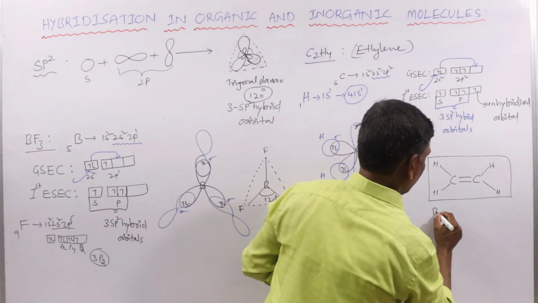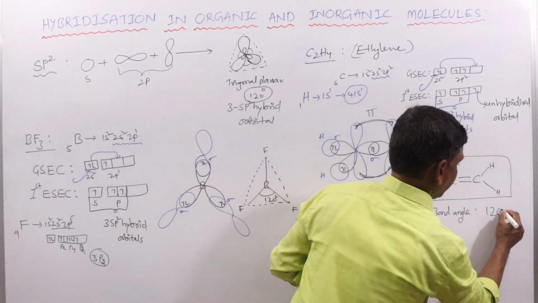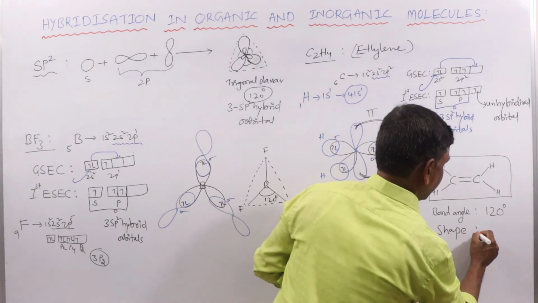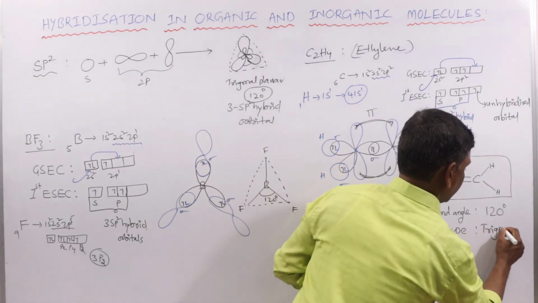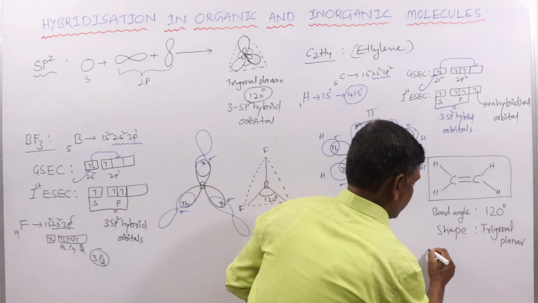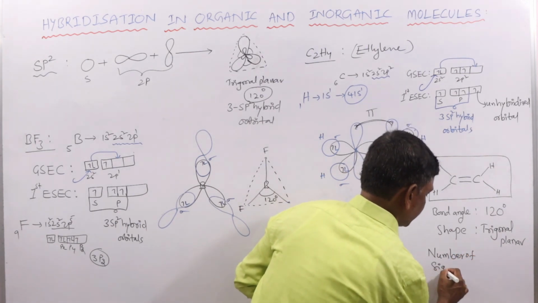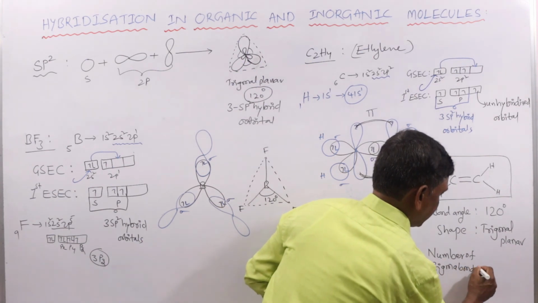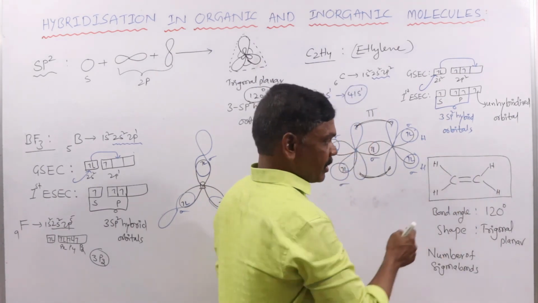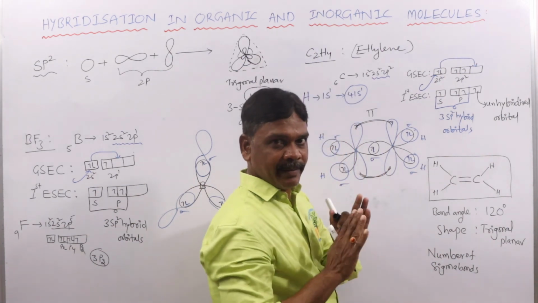Now the bond angle here is 120 degrees. What is the shape, that is, the geometry? Trigonal planar. Now the number of sigma bonds: as I already said, all single bonds are sigma bonds, and in a multiple bond, one should be sigma and the remaining are all pi.